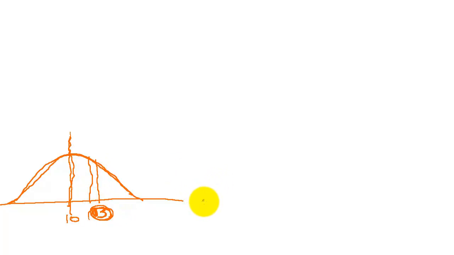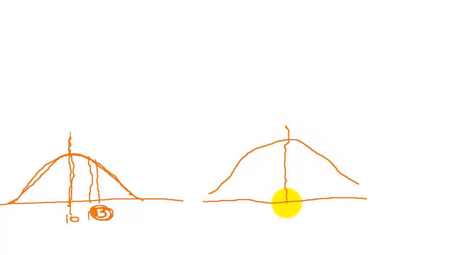In fact, the distribution of the actual population is maybe a mean that is actually 13. It's not the 10. Maybe the population might be distributed like this. That's what this testing leads to.